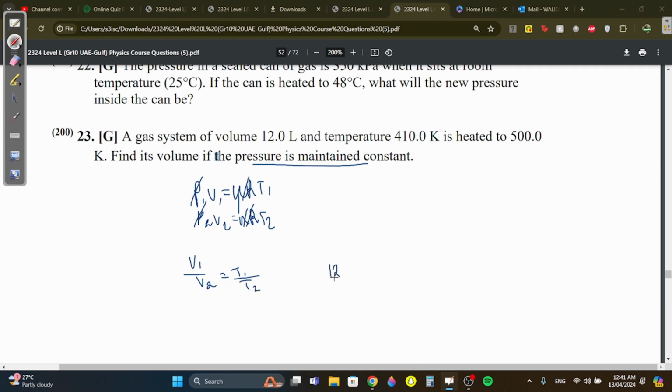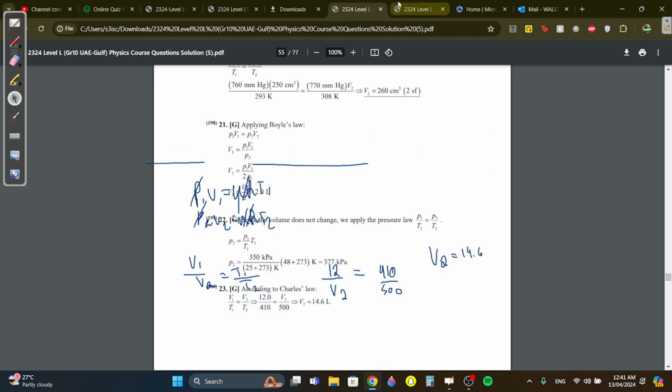Volume 1 is 12. Volume 2, we don't know it, right? We want the volume. T1 is 410, already given in Kelvin, over 500 T2. 500 times 12 divided by 410. You get 14.6. V2 equals 14.6. Is that correct? Yeah, 14.6 liters.